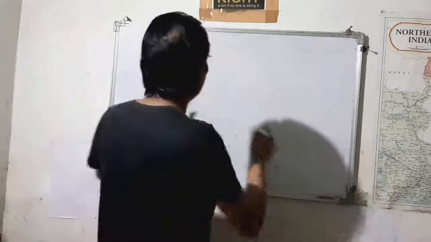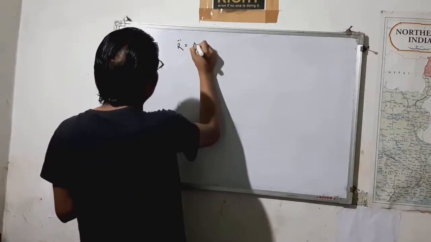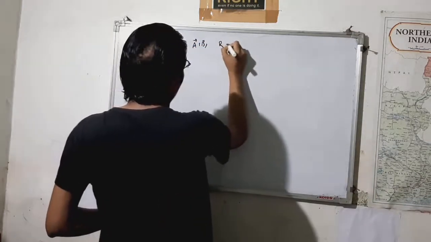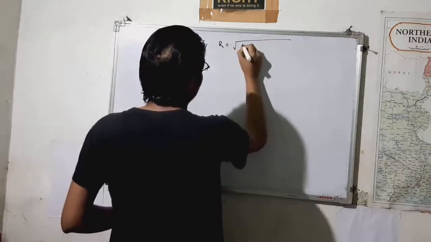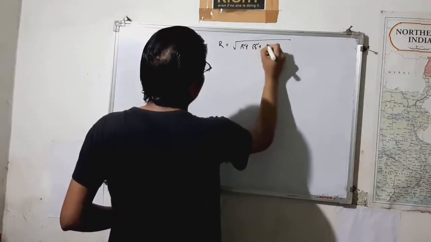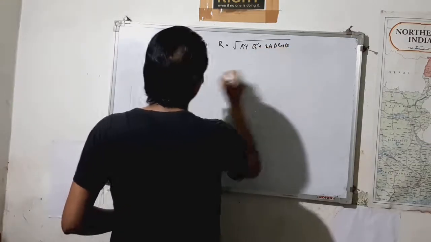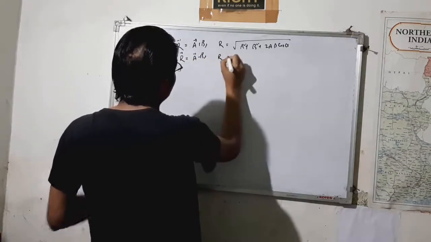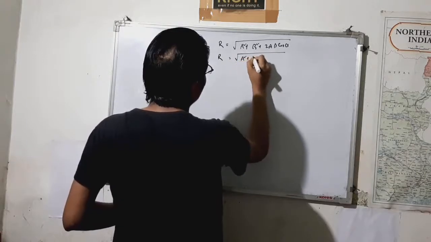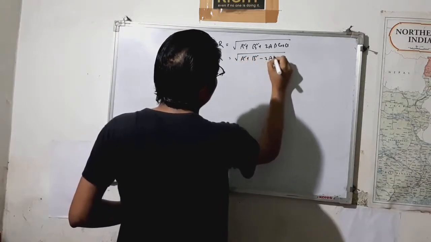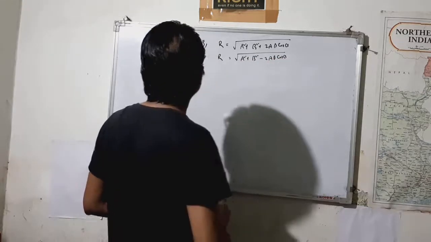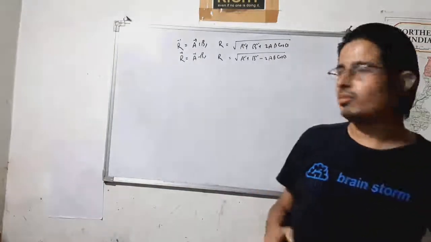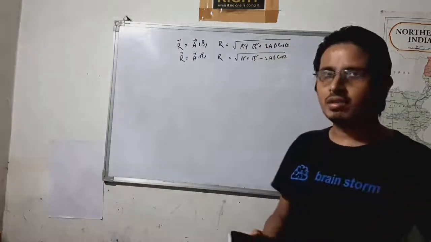For the resultant vector R for A plus B, the magnitude R equal to the square root of A square plus B square plus twice AB cos theta, and for R equal to A minus B, the magnitude can be written as the square root of A square plus B square minus twice AB cos theta. These formulas are very essential for calculating numerical problems.